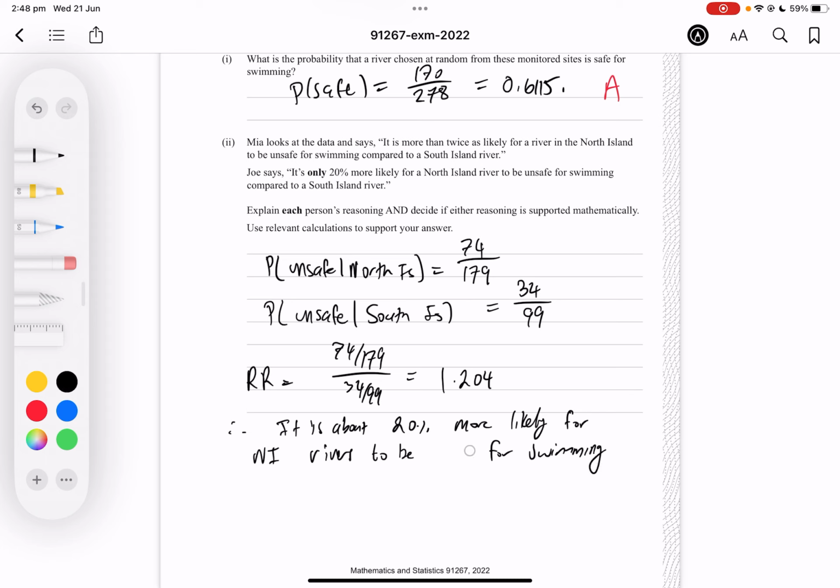We're looking at unsafe rivers, so unsafe for swimming, compared to the South Island. Hence, Joe's reasoning is correct.